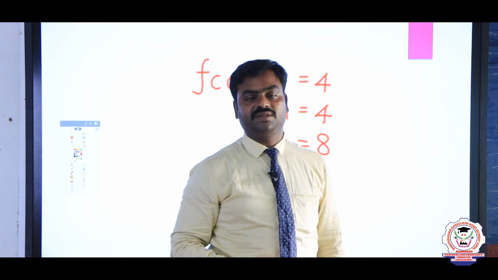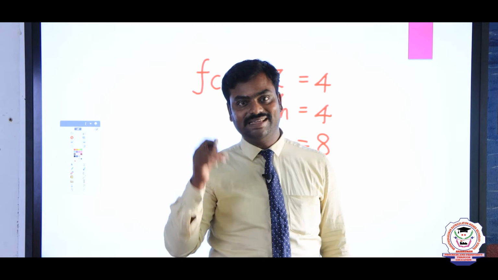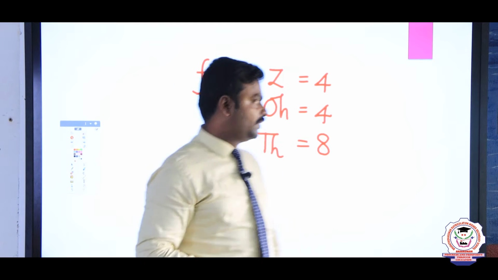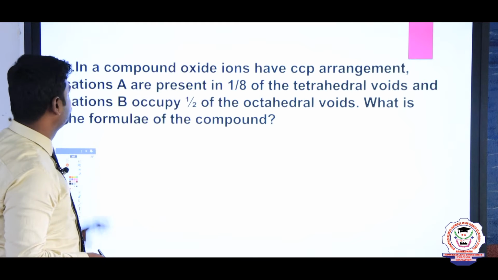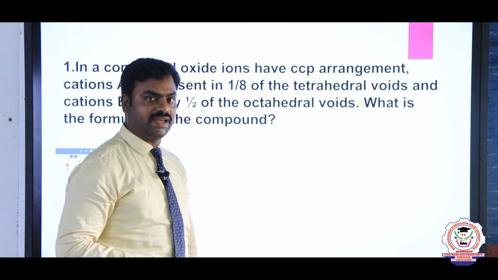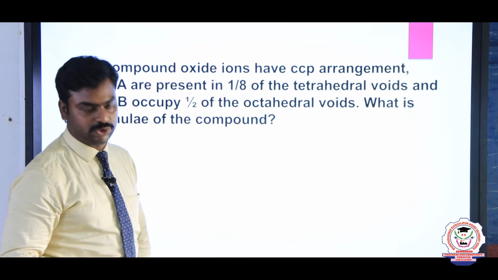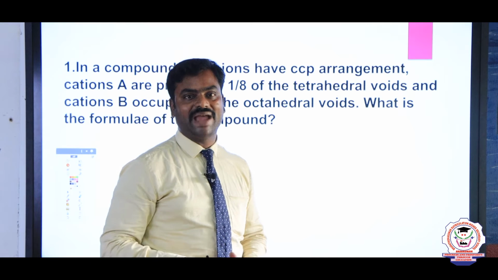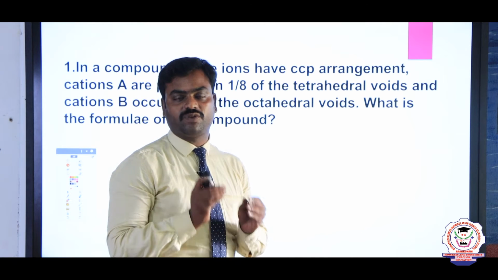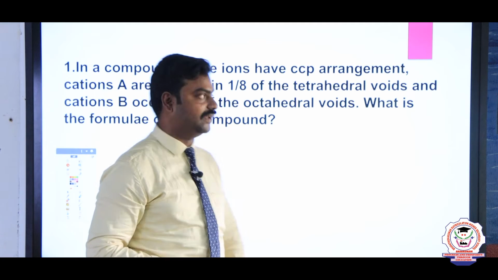Most of the time in NEET, they ask questions using these voids. The first problem: in a compound, oxide ions O minus 2 have a CCP arrangement, so the crystal is formed as an FCC unit cell.